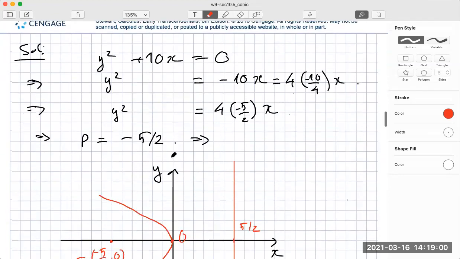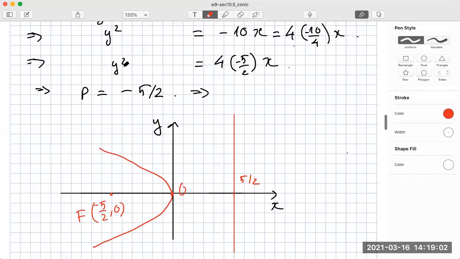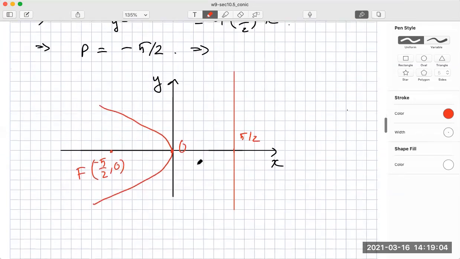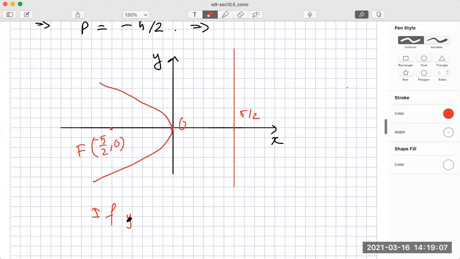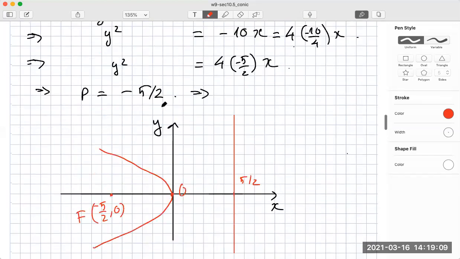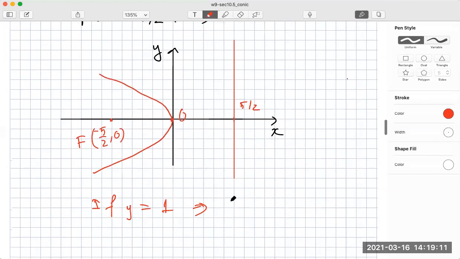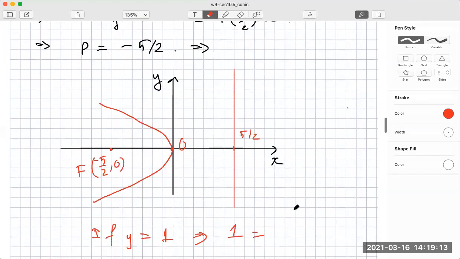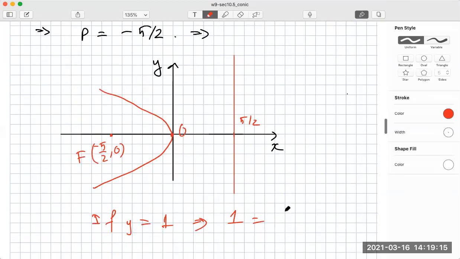For example, if we pick y is equal to 1, therefore we have the relation 1 is equal to -10x, right?